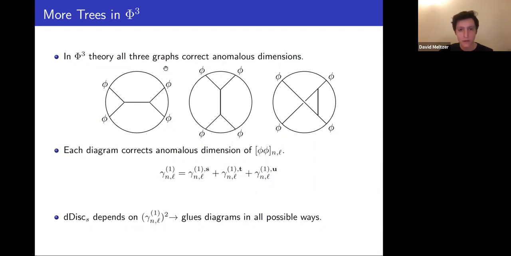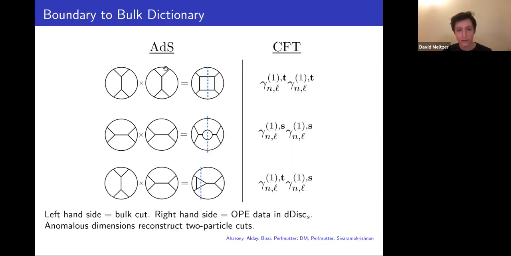And the picture, which I hope is intuitively clear, even if I haven't proven it, is that we have the following map between bulk cuts and boundary OPE. On the left-hand side, I've drawn diagrams and some two-particle cuts. And on the right-hand side, I'm giving the OPE data you need to put into the double-discontinuity.